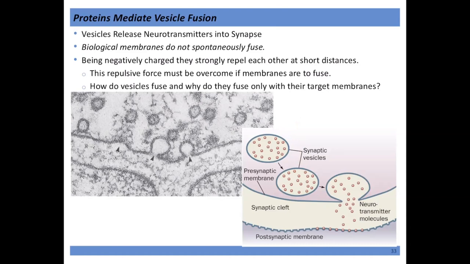And in this case, it's a neurotransmitter that then can travel through the synaptic cleft and bind to the postsynaptic membrane. And when they bind to the postsynaptic membrane, they induce a change within this cell. And like I said, we'll talk about this process a little bit in cell signaling, but we just want to understand actually how do vesicles go and fuse.